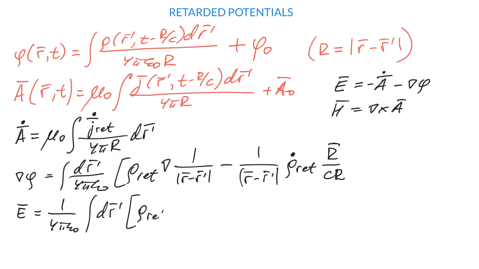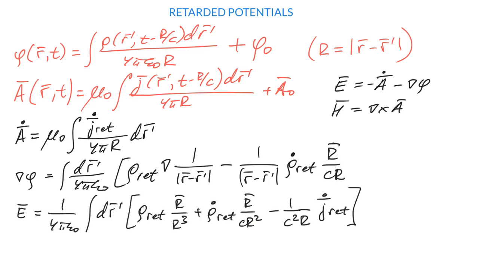There's rho retarded, R over R cubed, plus rho dot retarded, R over cR squared, and then I subtract A dot. So there's another term, minus 1 over c squared R, J dot retarded.